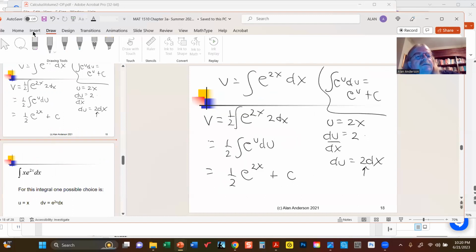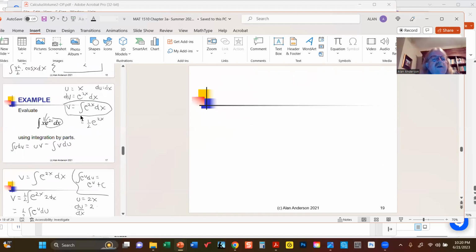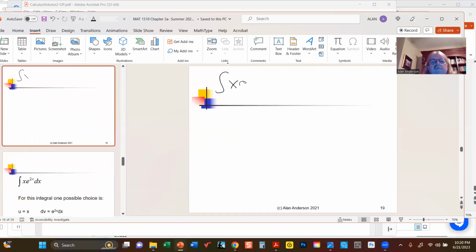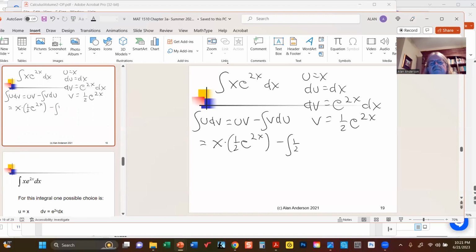So based on what we just discovered, we determined that, okay, and so what we're aiming for, okay. So here, v is 1/2 e to the 2x.